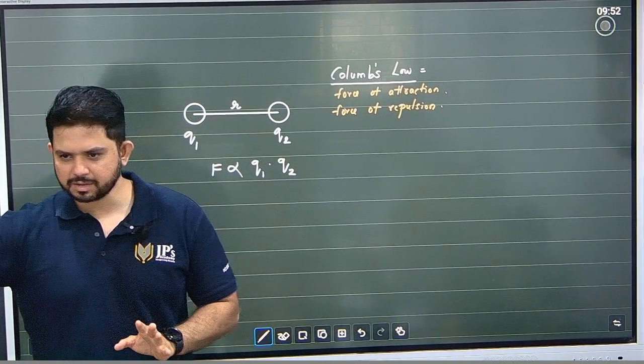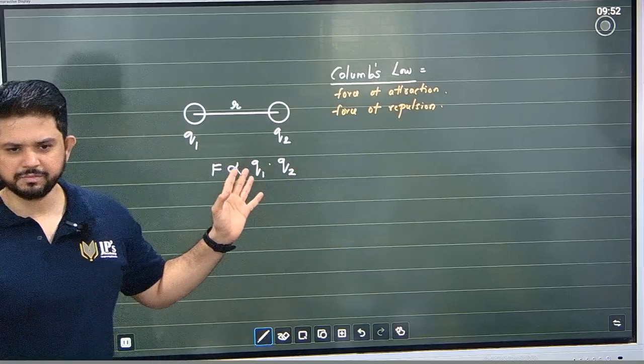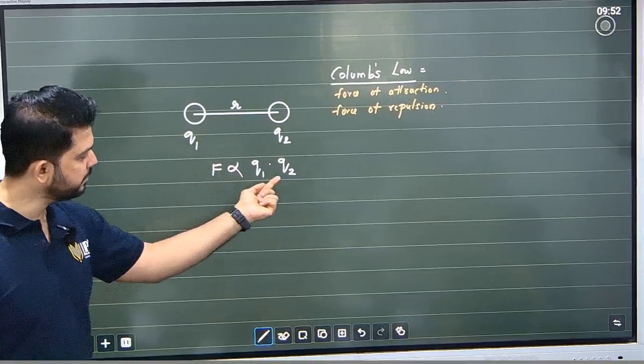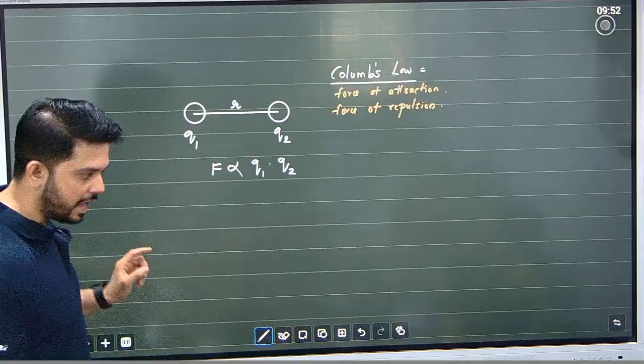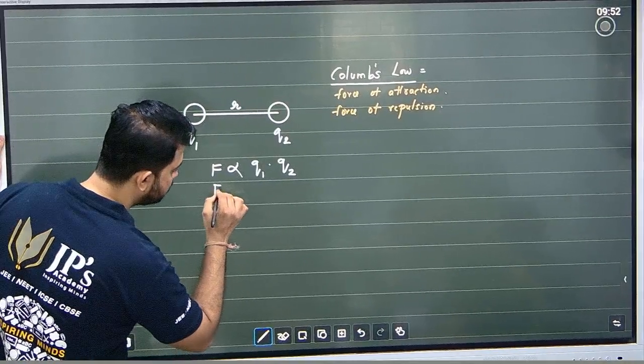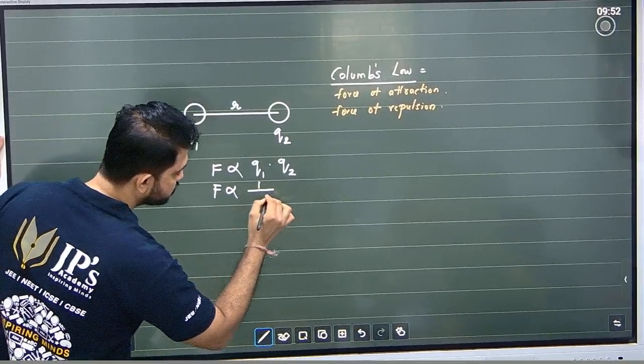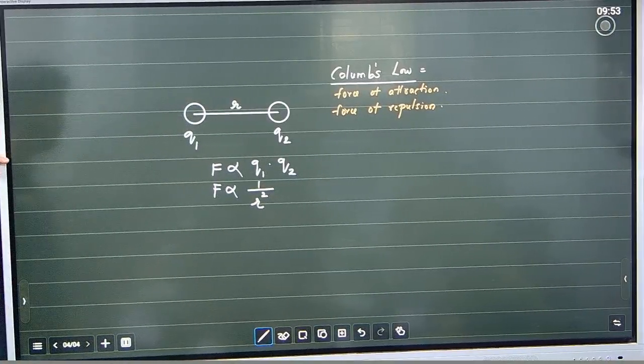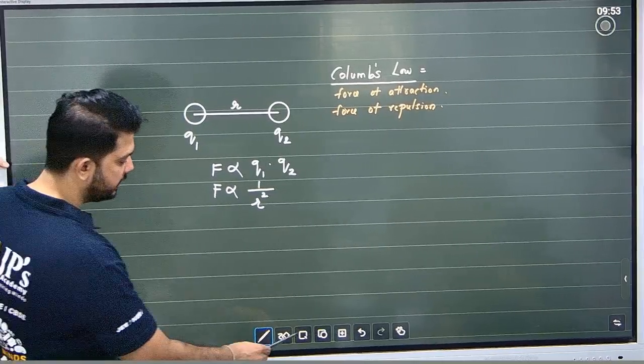It's exactly the same thing we are writing. The force of attraction between the two charged particles will be proportional to the product of the charges and inversely proportional to the square of the distance between the two charges. With me till here? What can we write by combining both, people?